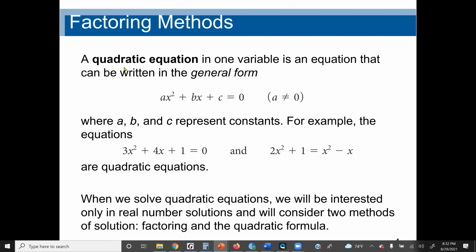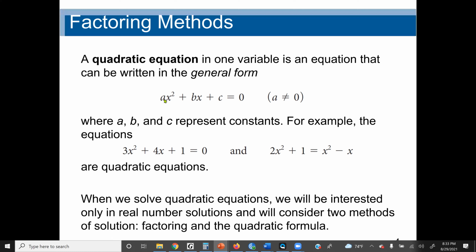So here we say a quadratic equation in one variable is an equation that can be written in the general form as following. Again, always we know for a quadratic equation, the highest exponent, or the degree, is 2. So we have ax squared plus bx plus c, and a, b, and c are values.